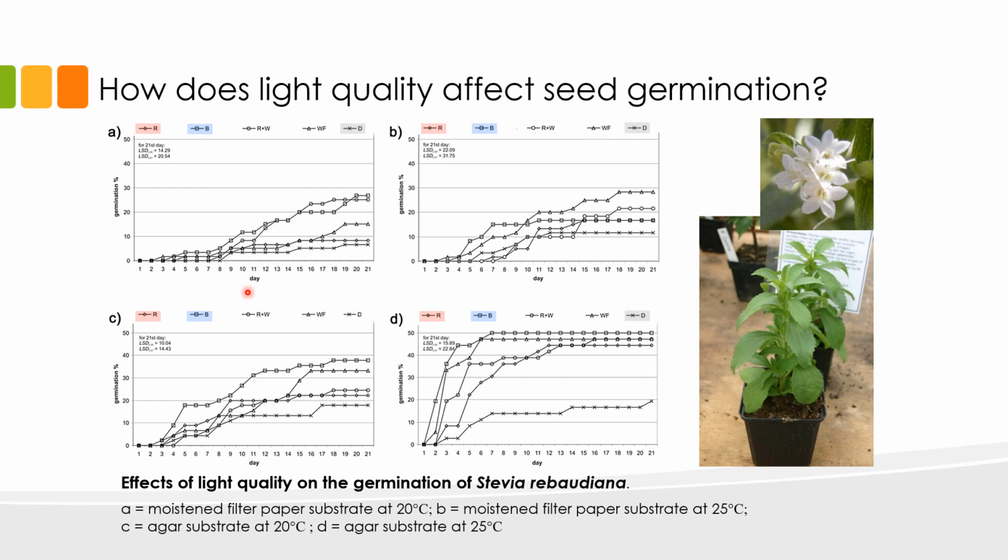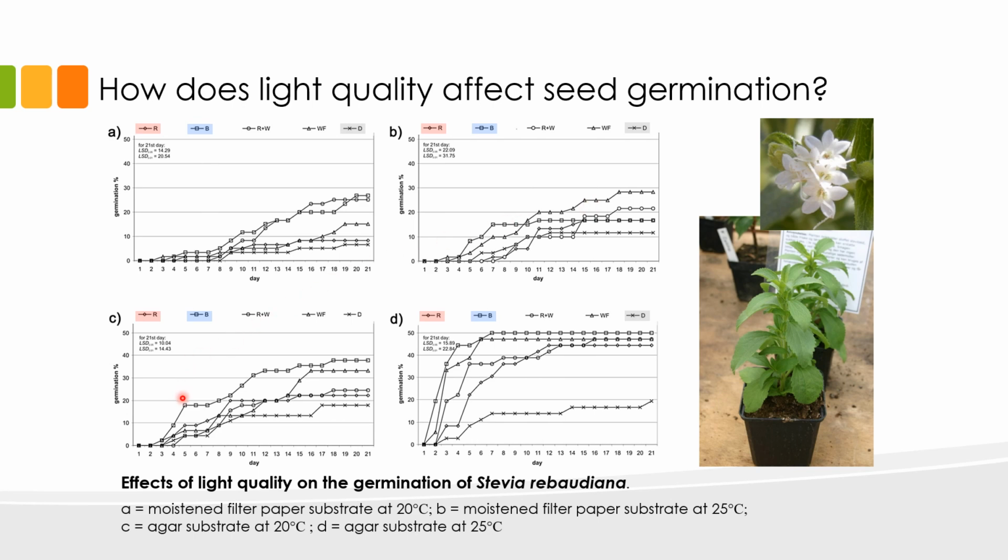But when grown in moist filter paper at 20 degrees Celsius, we can see that germination is highest when the seeds were exposed to blue light, and this is illustrated by this line right here with the boxes. But under 25 degrees Celsius, we can see that germination was better under white light, as indicated by this line here with the triangles.